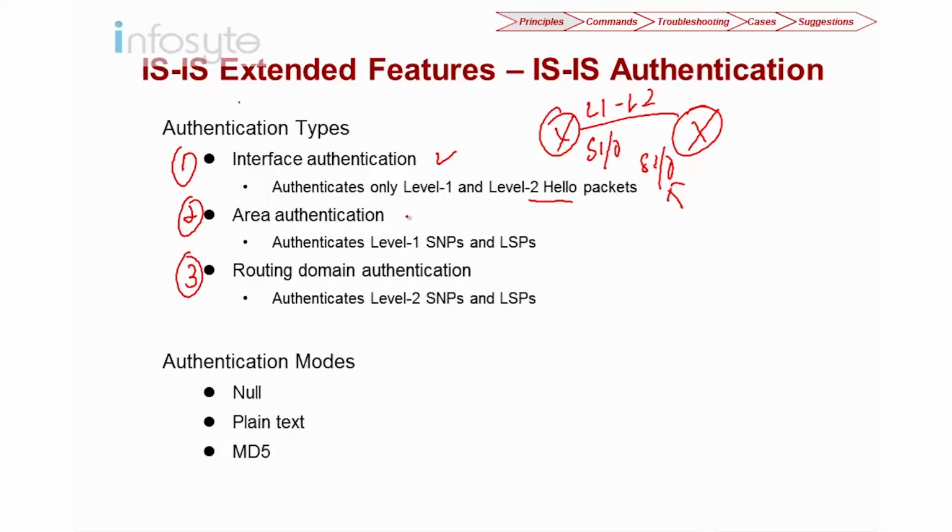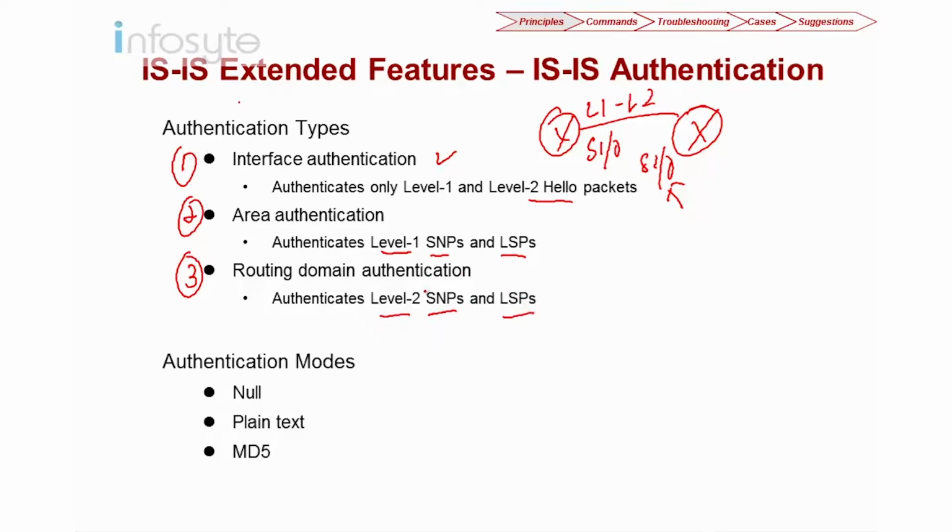Area authentication is done only for L1, and the authentication can be done on the SNP, or sequence number PDU, and the LSP, the link state PDU. Whereas the routing domain authentication only authenticates level 2 SNP and LSP.